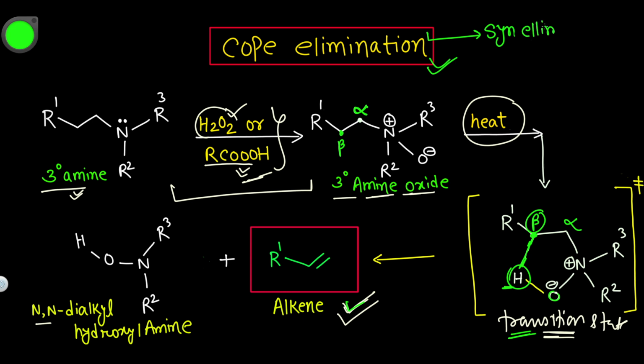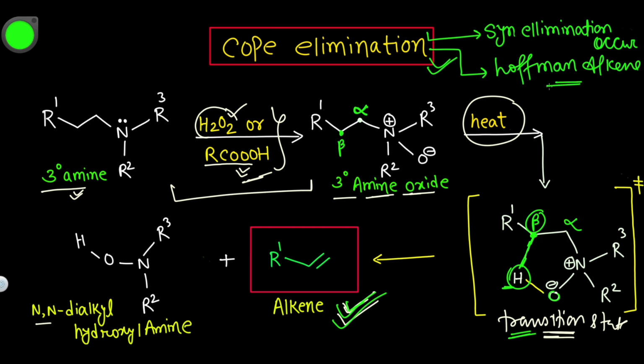Syn elimination occurs in this reaction, and you will get a Hofmann alkene. This is our alkene, so generally you will get a Hofmann alkene.